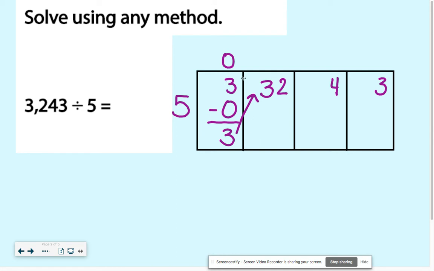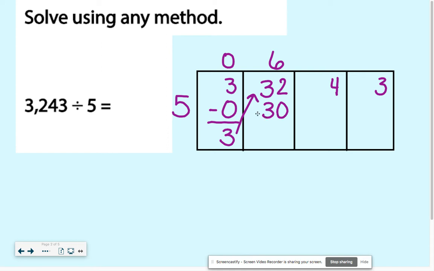Now, how many 5s go into 32? Well, if you're not good with your multiplication facts, then you could even do count bys. So how many times are you going to count 5 until you get to 32 without going over? It's 6 times. 6 times 5 gives us the area of this box, which is 30.